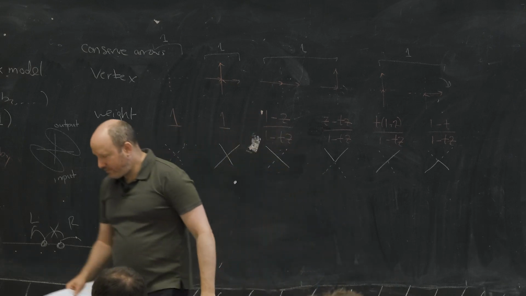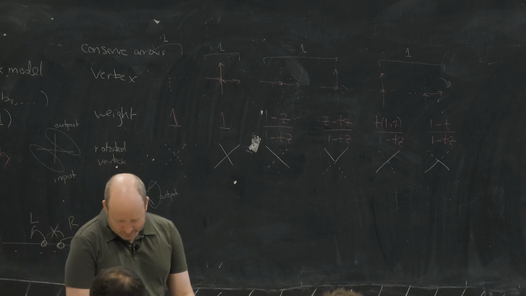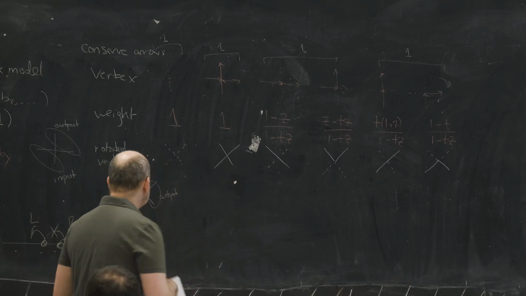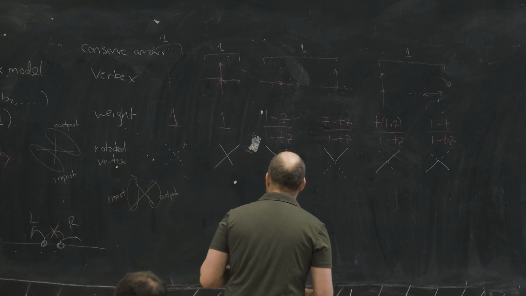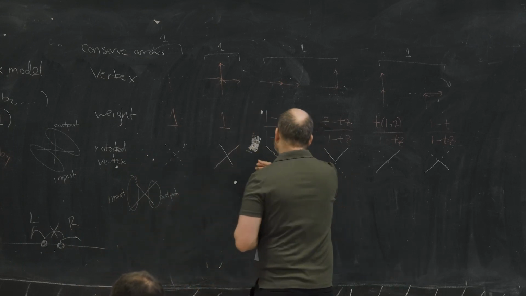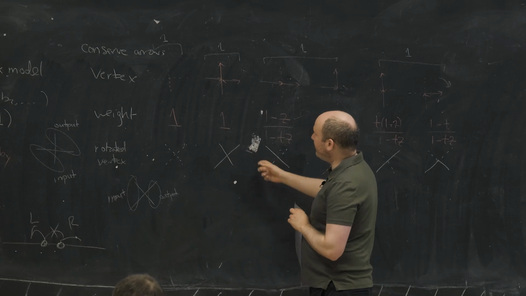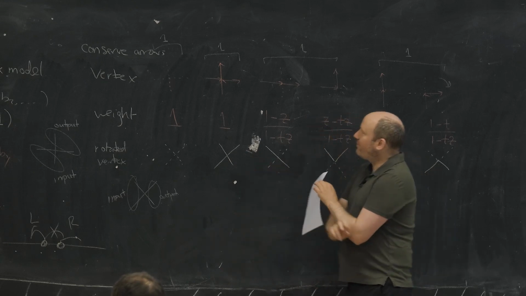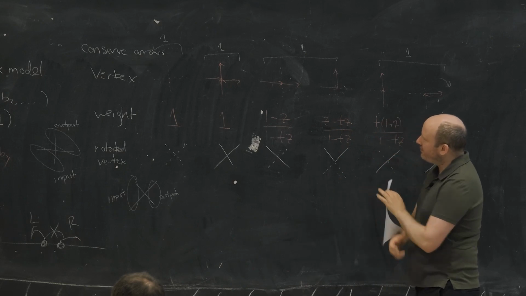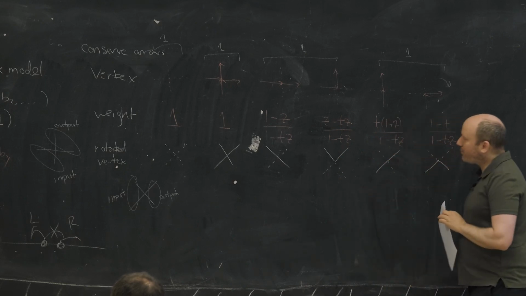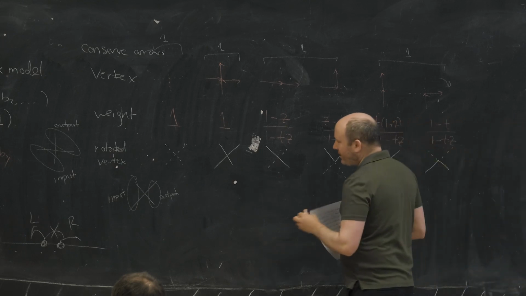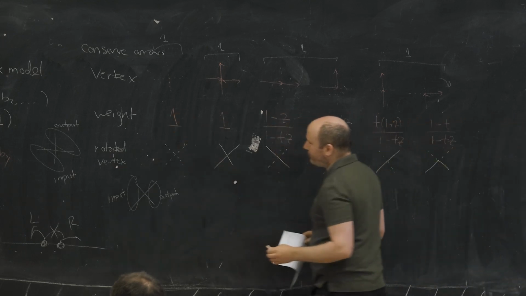Okay, so why have I done this? Well, I've done this because I want to give a relation between the model and certain partition functions that involve these rotated vertices. Now, let me say something historic. I'm not going to give the details of this, but historically, the Yang-Baxter relation is really a relation involving 6-vertex weights.